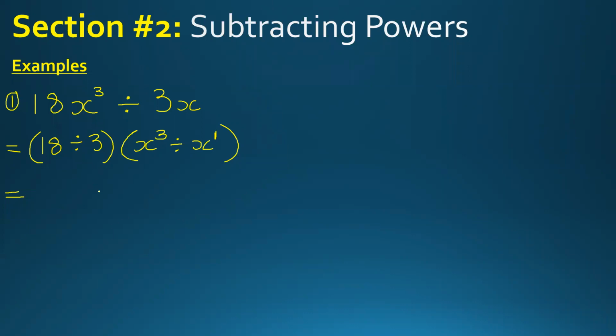What is 18 divided by 3? 6, very good. And for this one, instead of adding the powers, what do you think we can do with the powers this time?